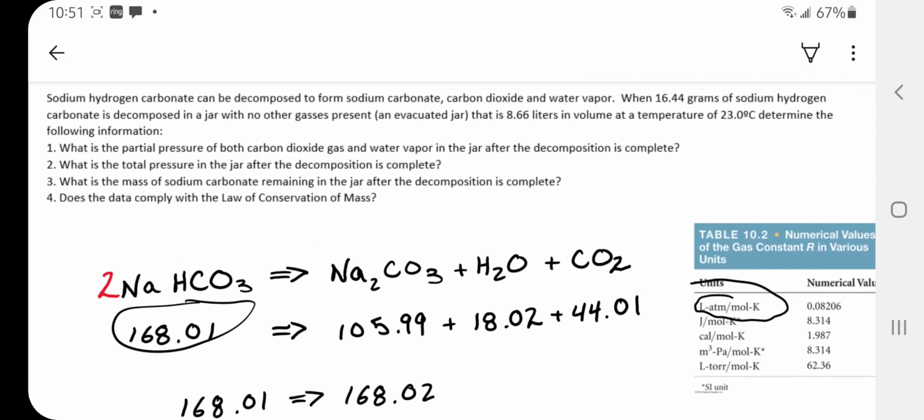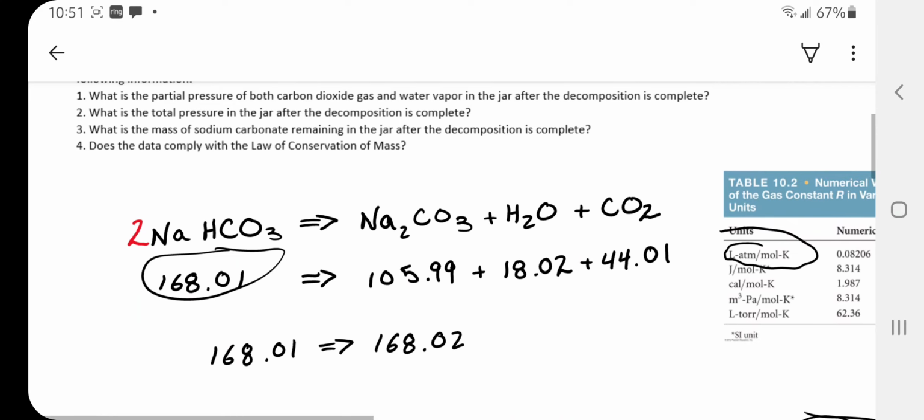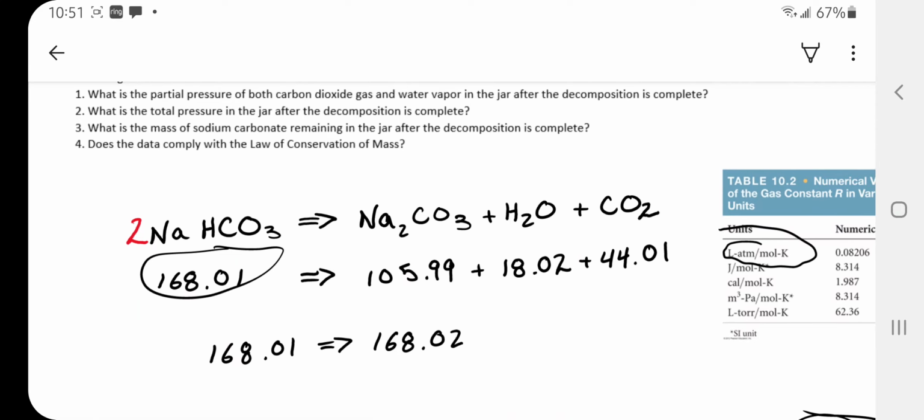For the last question, does the data comply with the law of conservation of mass? We just need to simply go back up to the top and look over here. So here we had 168.01, and in order for this to comply with the law of conservation of mass, this needs to equal this, and vice versa.